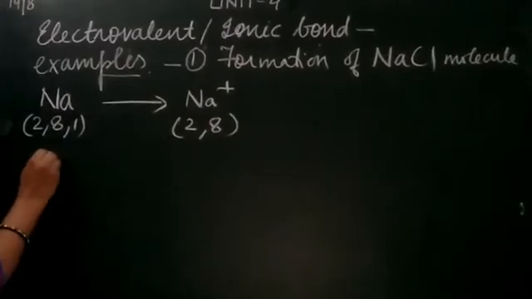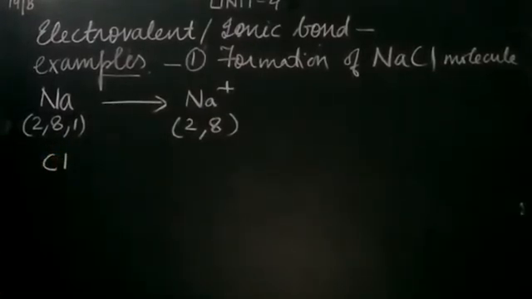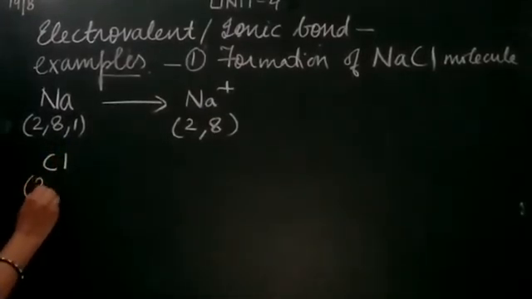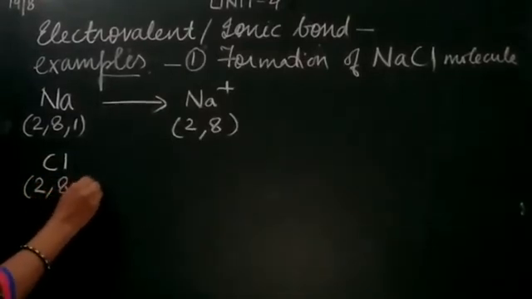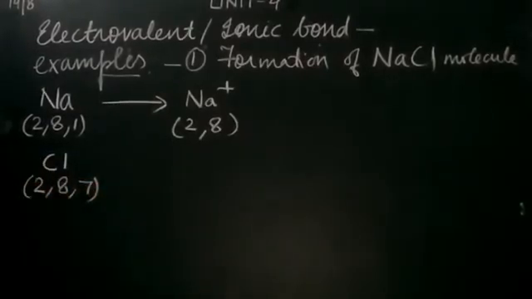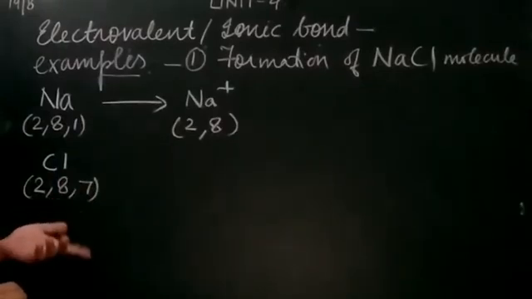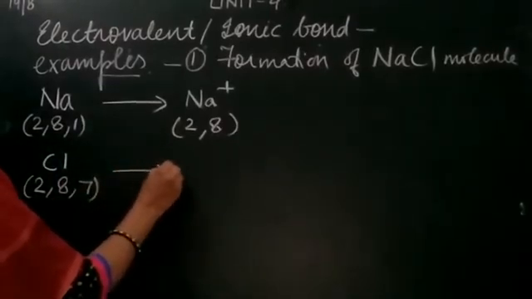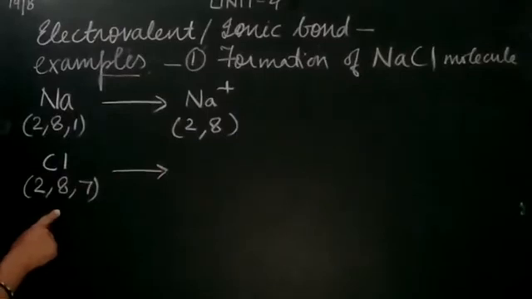Similarly, we can have the chloride, Cl negative. Students, here you know that chlorine has atomic number 17, so its configuration will come 2, 8, 7, or you can write it in condensed form with argon, right?